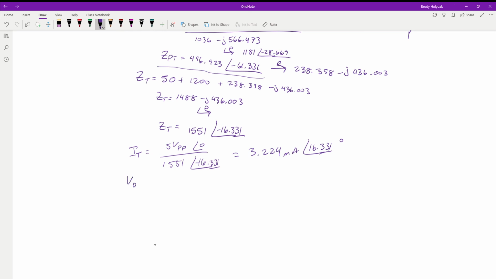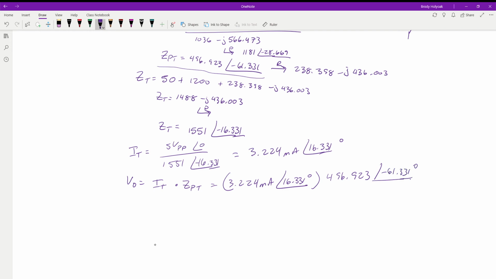So the V out, like I said, is the current total times the impedance of our parallel branch. So we have the 3.224 milliamps at an angle of positive 16.331 degrees. That's going to be multiplied by the impedance we found, which was 496.923 at an angle of negative 61.331 degrees.